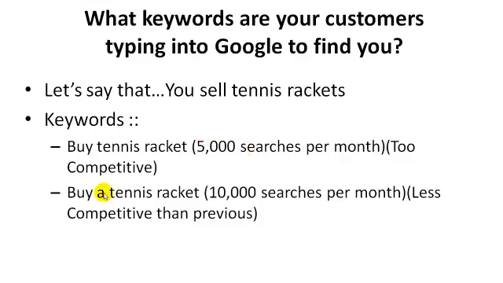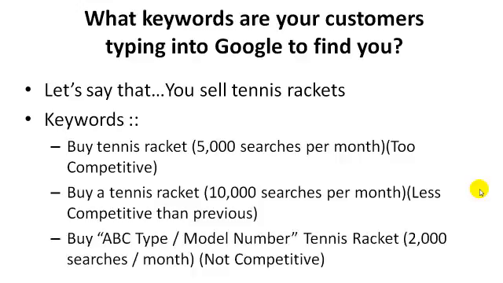But then when you insert an A, buy a tennis racket, it could be 10,000 searches per month. But it could be less competitive than the previous one, though it's still competitive. And that's why you need to do some keyword research, figure out the right keywords, and attack it at that angle.